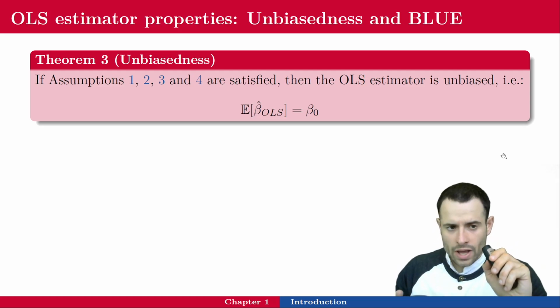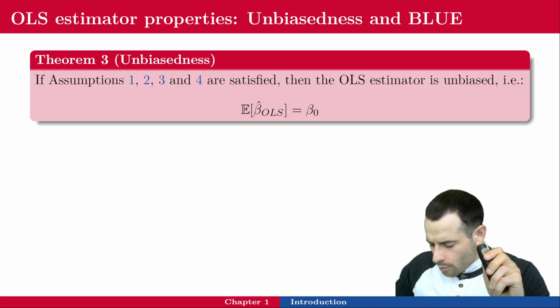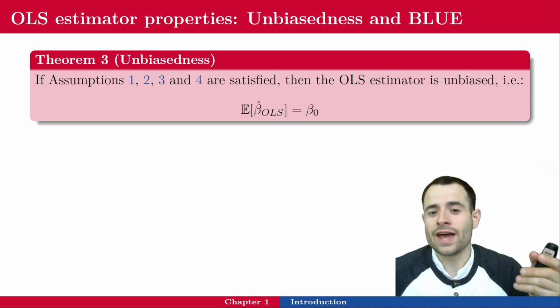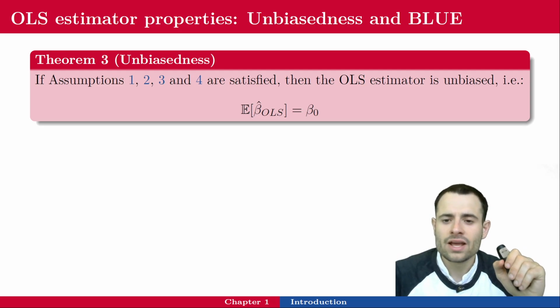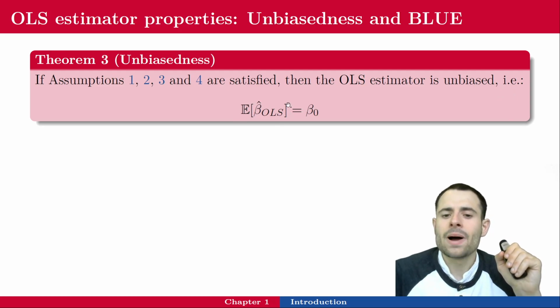Now, we have two more properties. If assumptions 1, 2, 3, and 4 again are satisfied, then the OLS estimator is unbiased, which means that on average, my estimate is equal to the true value I am trying to find.